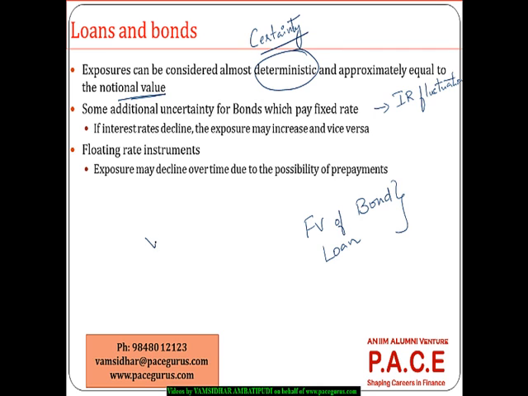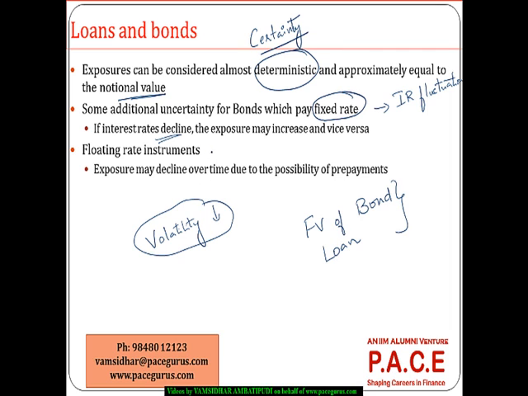But if the interest rate volatility is much lesser, then the impact is much lesser, because generally it pays a fixed rate coupon, but in the market the interest rates keep changing. So if the interest rate falls, the price of the bond goes up, which means the exposure is also increasing, and vice versa. That's the only uncertainty that is present.